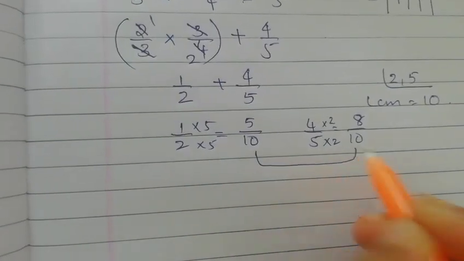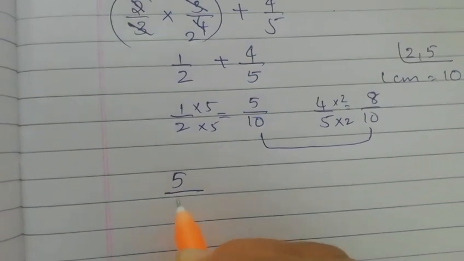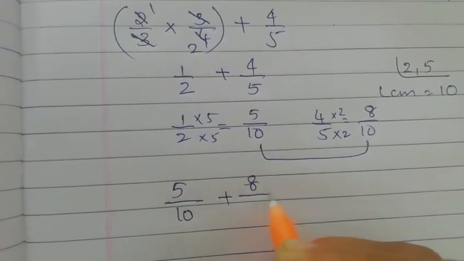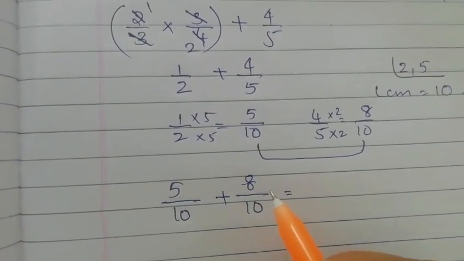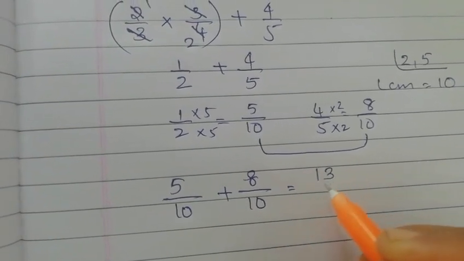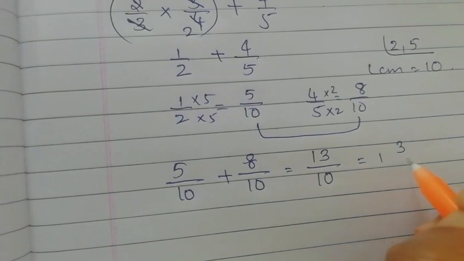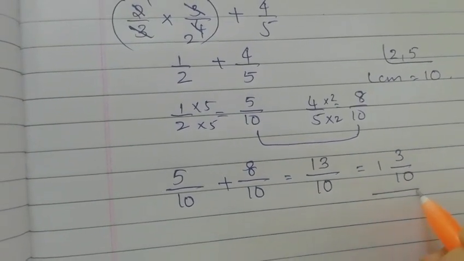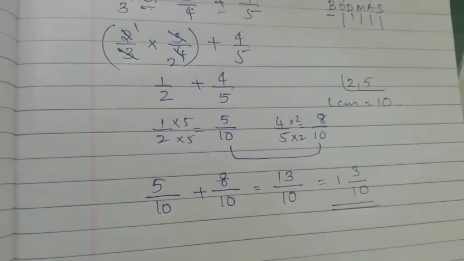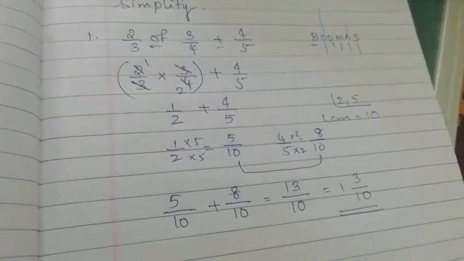Then add these two: 5 by 10 plus 8 by 10, that is 13 by 10. 13 by 10 we can write as 1, 3 by 10. This is the answer of this simplification.